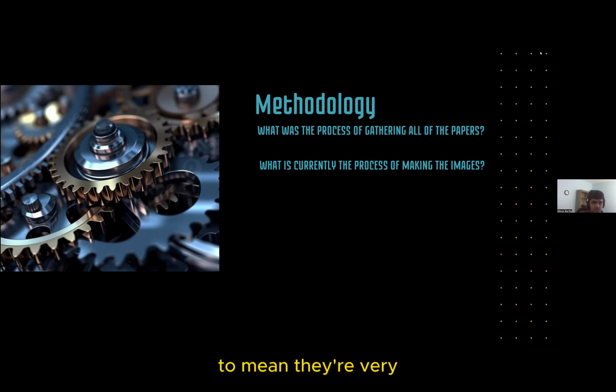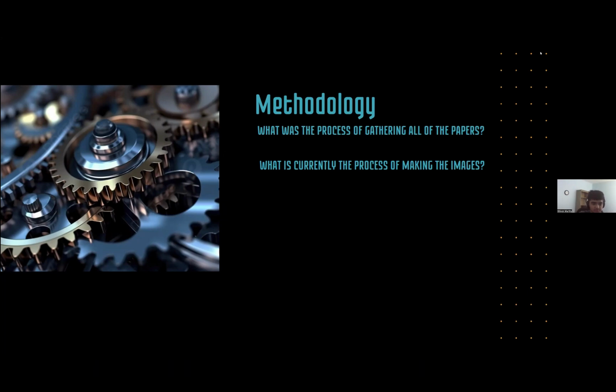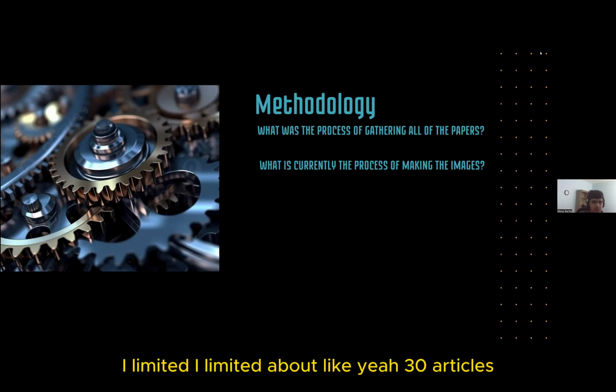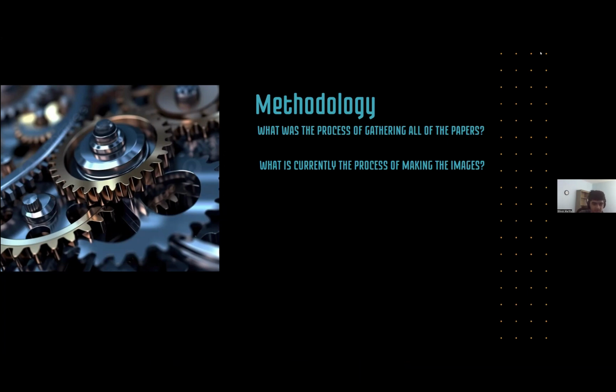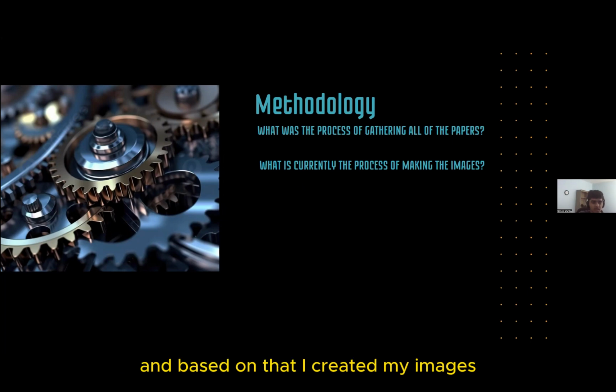They were unspecific and didn't include specific examples or studies, so I didn't use them. In the end, I'm using about 15 to 20 articles. To make the images, I used BioRender, and I used whatever images were in the 15 articles, and based off that, I created my images.